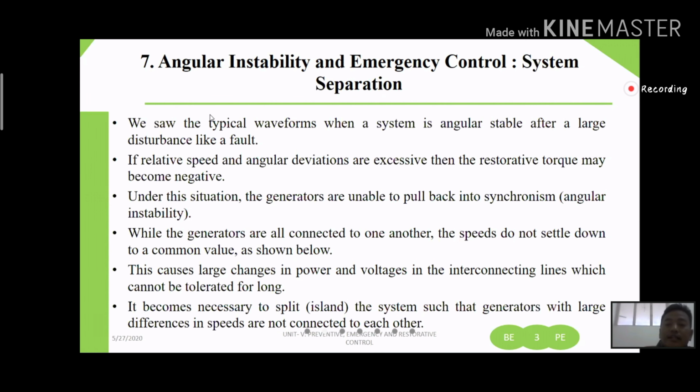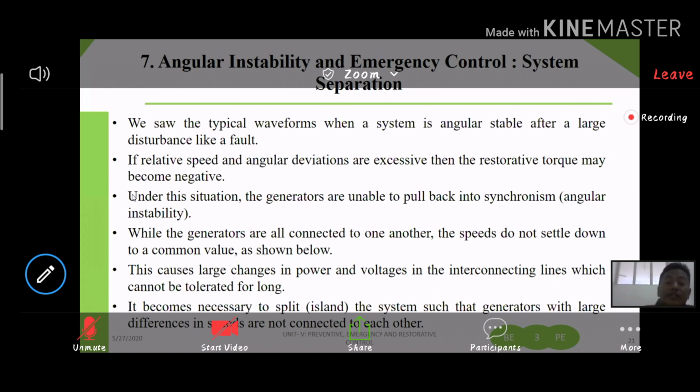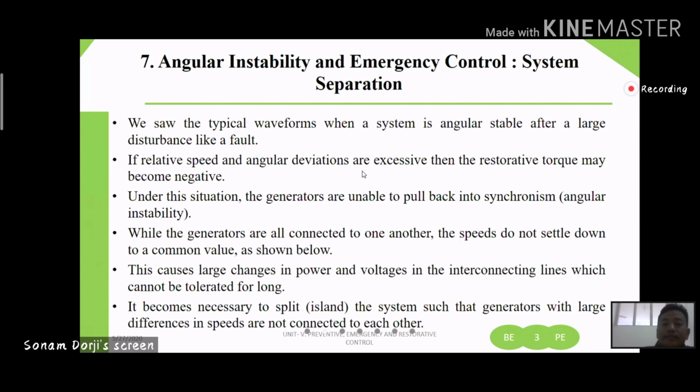When it is stable, then what happens is, if the relative speed between the generators and the angular deviation are excessive, then the restorative torque will become negative.